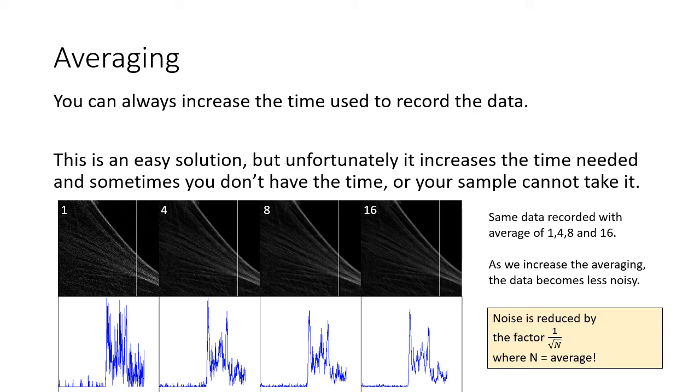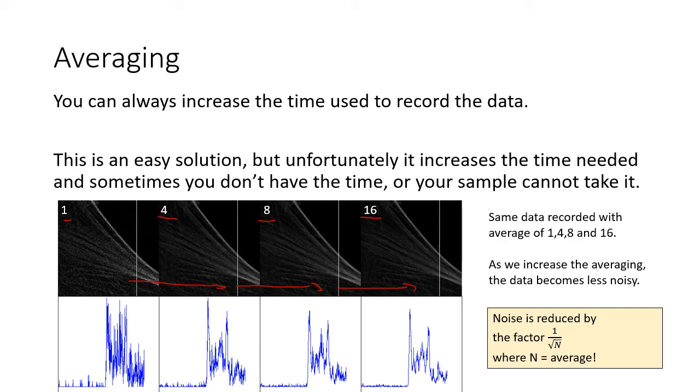So here we have the same pictures taken with average 1, 4, 8 and 16. And as you can see, the increased quality is greatest from 1 to 4, and then we start to get smaller and smaller incremental gains when we go from 4 to 8 and 8 to 16.